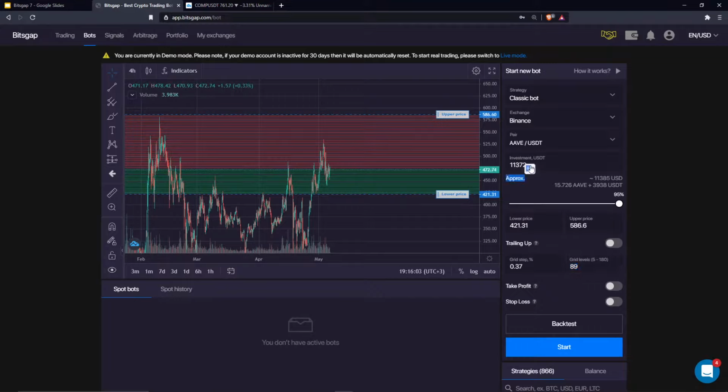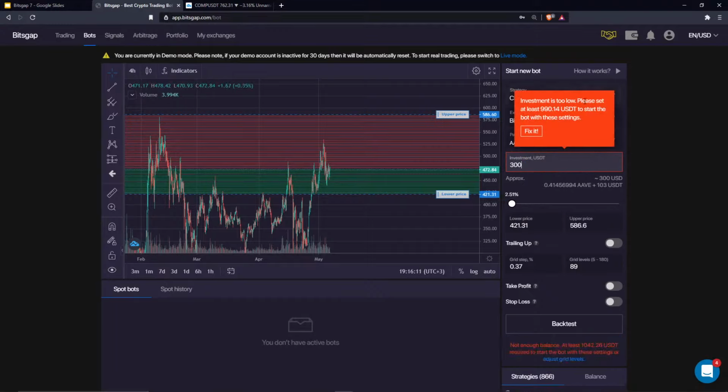But we made it possible for you to quickly adjust the configuration. Let's say you wanted to allocate only 300 USDT in this configuration with 89 grid levels. It turns out that this number is not sufficient.